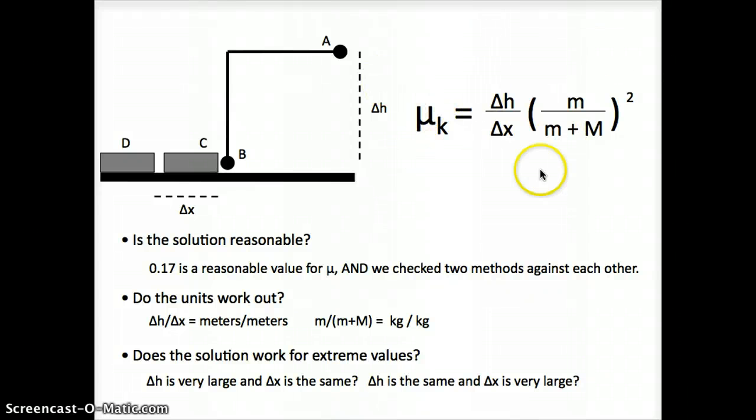And that's consistent with this answer here. If I increase this value and this stays the same, then this would have to be really big. Or, for example, if I increased the mass of the box and everything else stayed the same, it would make sense, according to this, that the coefficient of friction would have to be less in order for the box to slide exactly the same distance.